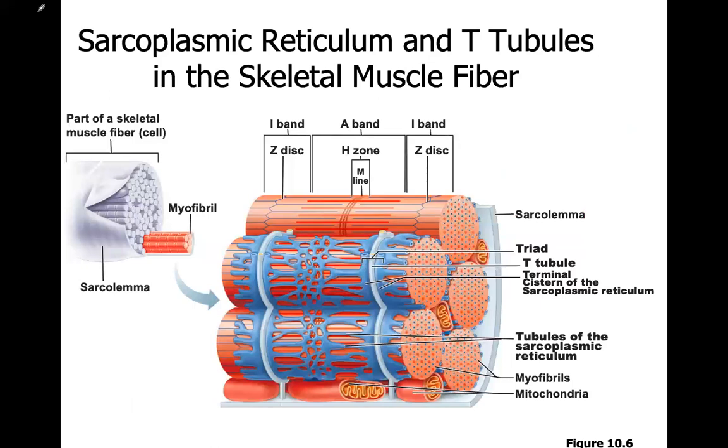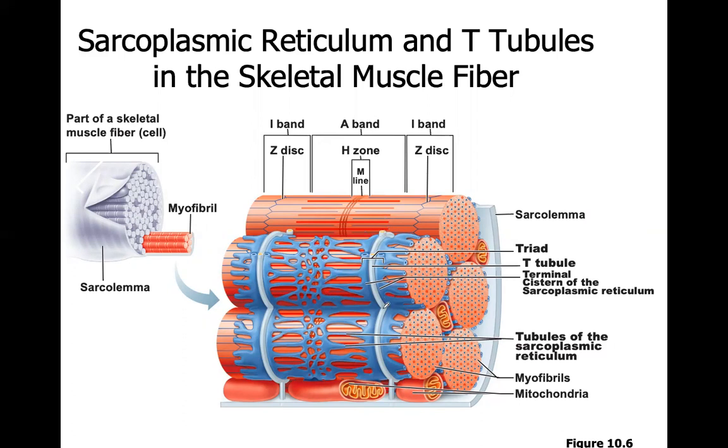Again, same picture, now you're zooming in. Each of the cylindrical structures you see right here is a representation of a myofibril. You can see your mitochondria stashed between these myofibrils. What you see in blue is your sarcoplasmic reticulum, which stores a significant amount of calcium. Please do note how it's wrapped around your myofibrils.